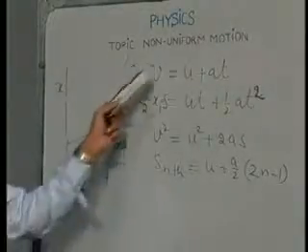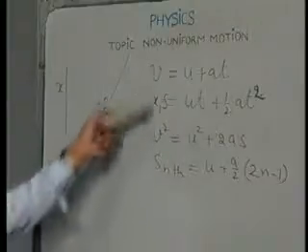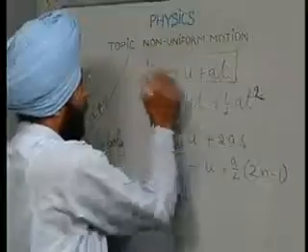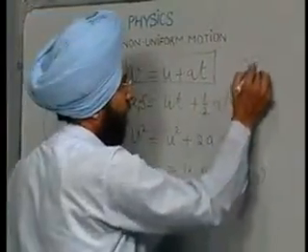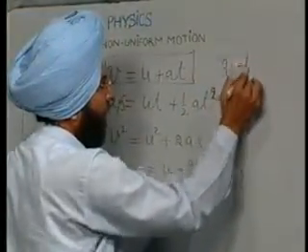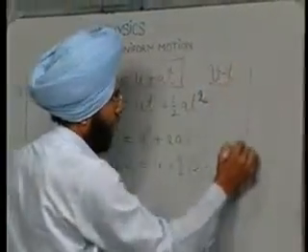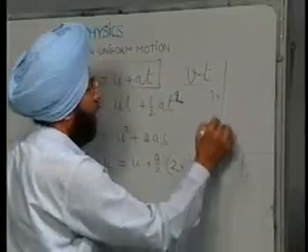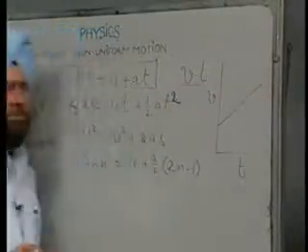Now, for the same non-uniform motion, from this equation, as we have already seen, the graph between V and T, the VT graph, is a straight line graph.